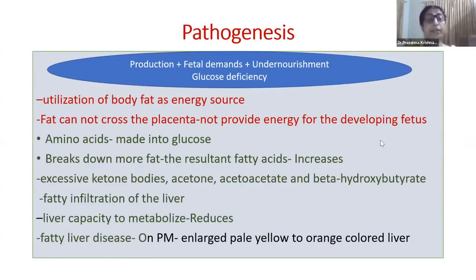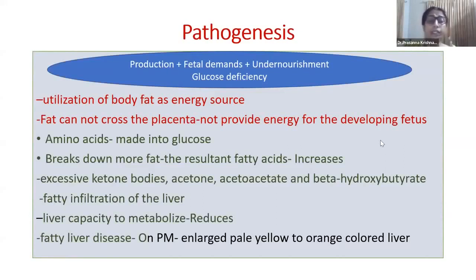So the amino acids are made into glucose, what we call gluconeogenesis, and then there is breakdown of the fat, and the resultant fatty acids will be increasing. So there are excessive ketone bodies: acetone, acetoacetate, and beta hydroxybutyrate.